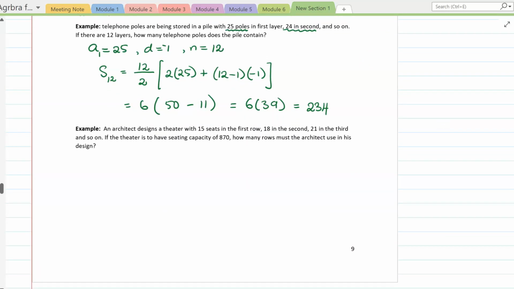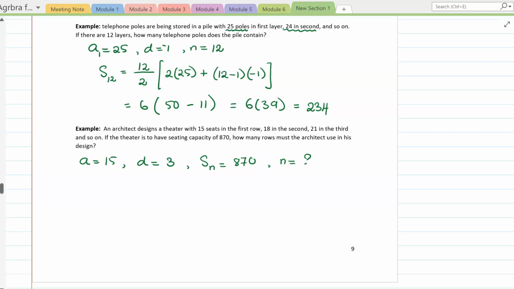Let's say here we have an architect designing a theater with 15 seats in the first row, 18 in the second, 21 in the third, and so on. So a is equal to 15 and d equal 3. If the theater is to have a seating capacity of 870, how many rows must the architect use in this design? So the question is giving us that S sub n is equal to 870. And what is n in this case?